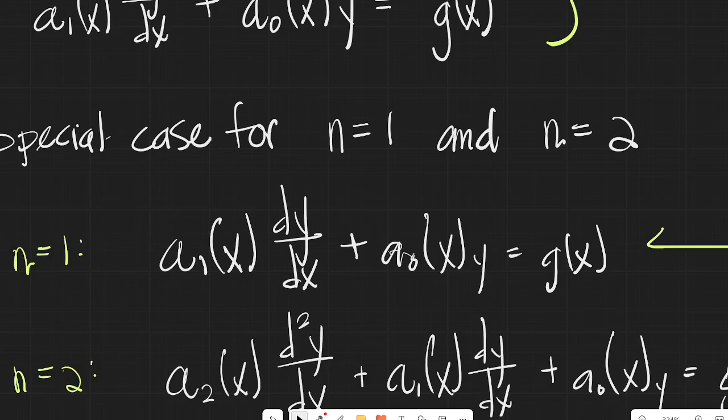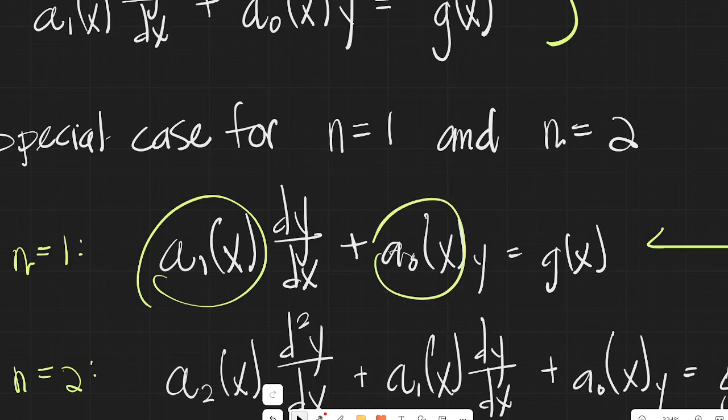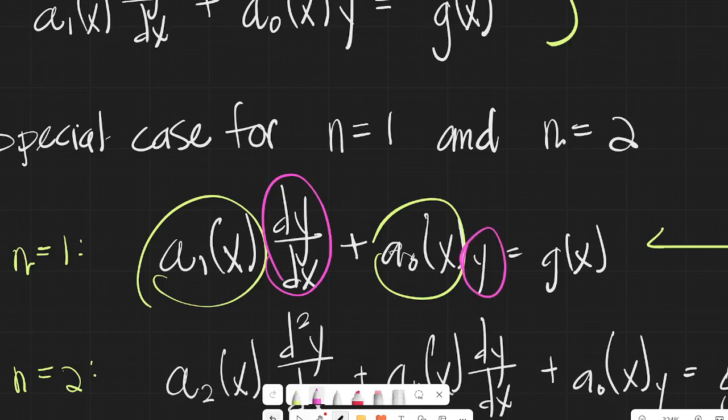Or coefficient, I should say. This is the coefficient. These are the derivatives. Sorry, coefficients. And then these are the derivative of the dependent variable and the function of the dependent variable. And then this forcing function here.